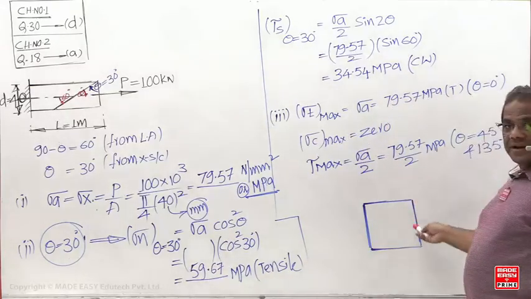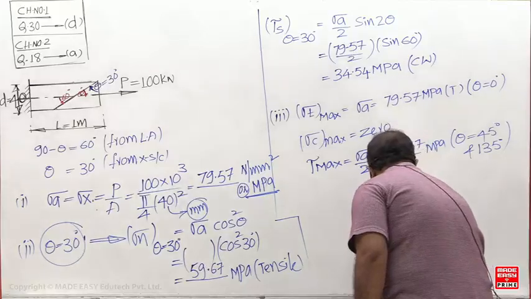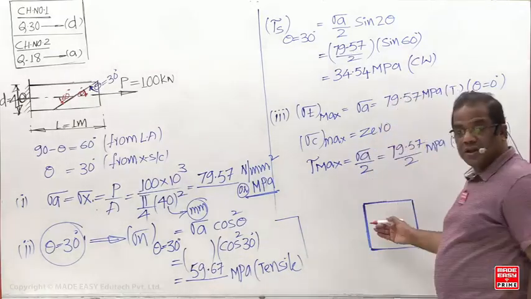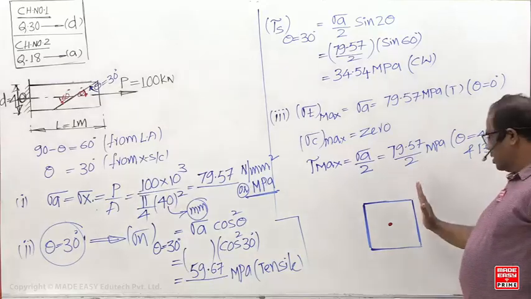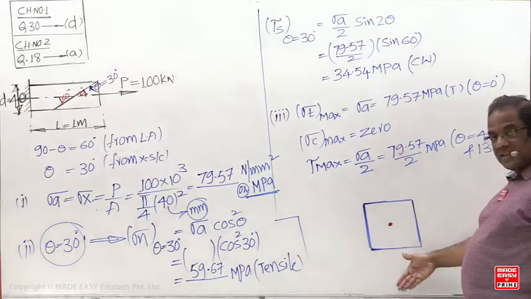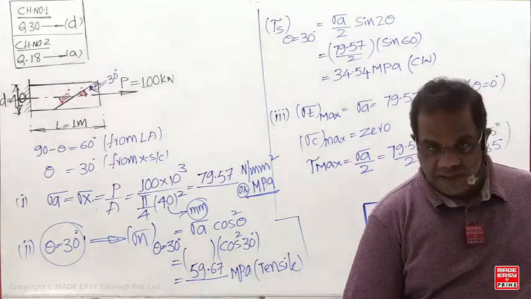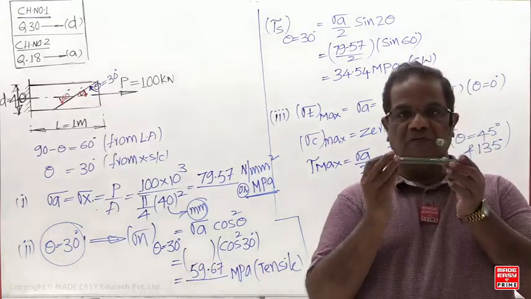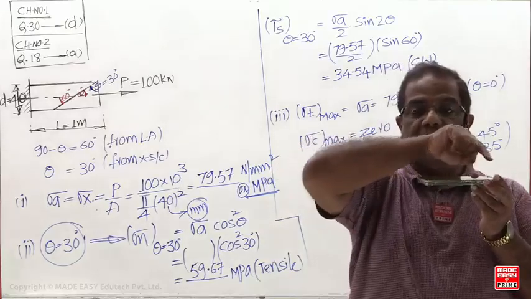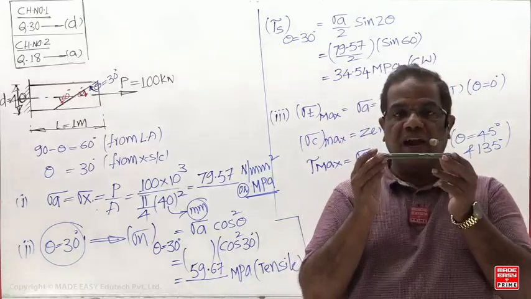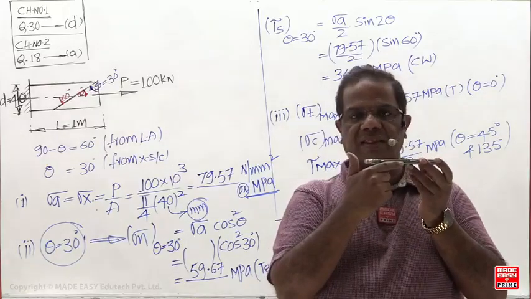What is this line representing? Cross section, a 2D figure. This is the X face, Y face, and this is the Z face. As studied yesterday, in the front view the Y face will become a horizontal line, this is the X face, and this is the Z face.